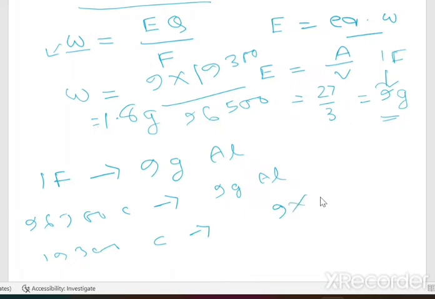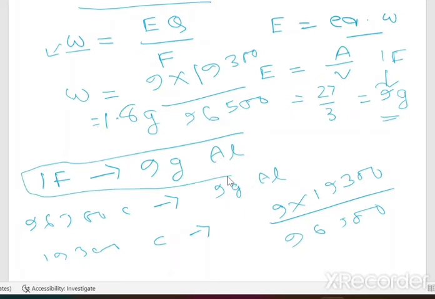So 9 into 19300 divided by 96500, the same answer is coming. Remember that when 1 Faraday of current is passed at cathode or anode, one equivalent of substance is formed, and one equivalent of aluminium means 9 gram aluminium. So by this simple way we can calculate.